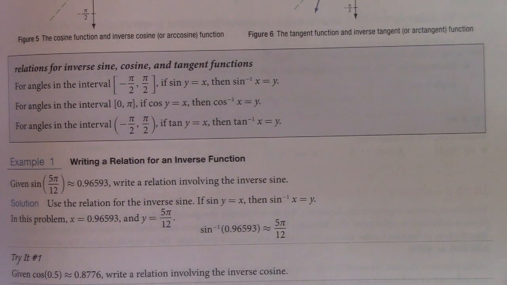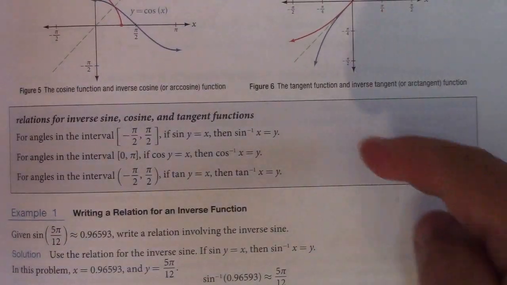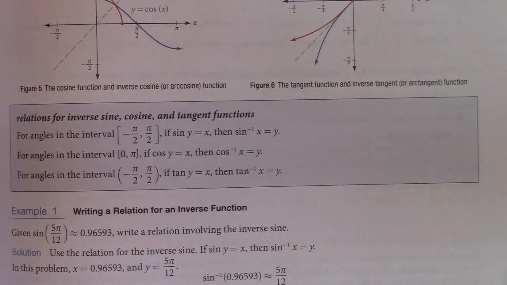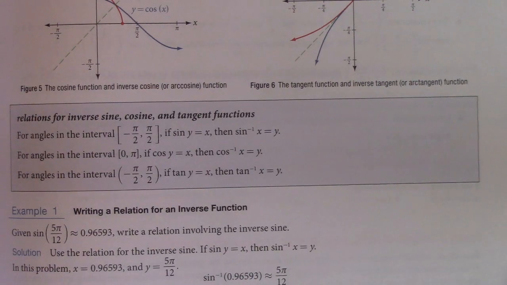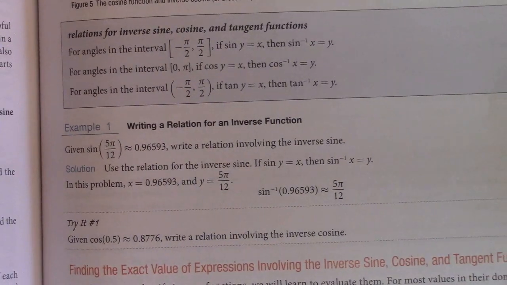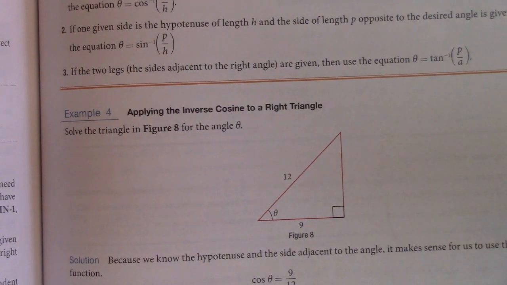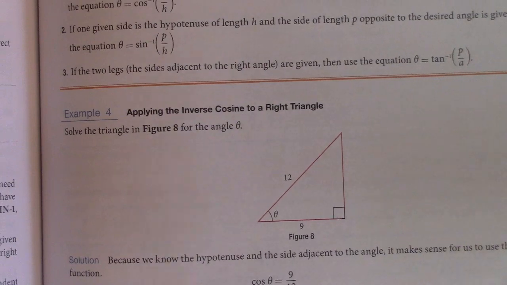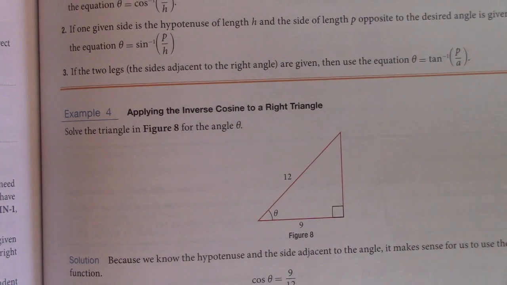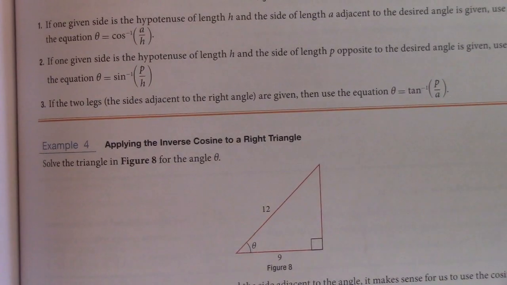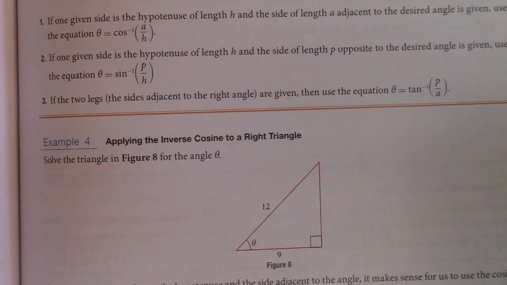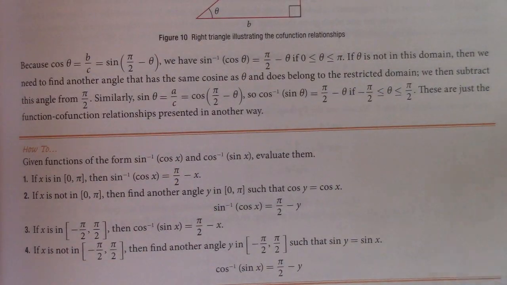But anyway, here are those rules I was just telling you about, and then they have some examples involving exact expressions, which we could talk about when we meet again, and something about how to use a calculator. Maybe we'll start with some of these examples next time.